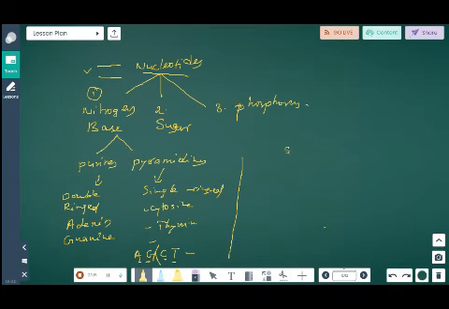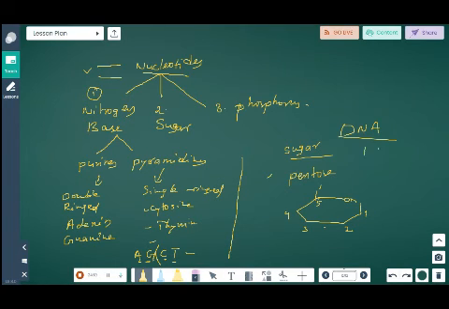Next, coming to the sugar. The sugar is called pentose sugar. This is the first carbon, second, third, fourth, and this is the fifth carbon. It is a 5-carbon pentose sugar present in DNA, and DNA means deoxy, without oxygen.